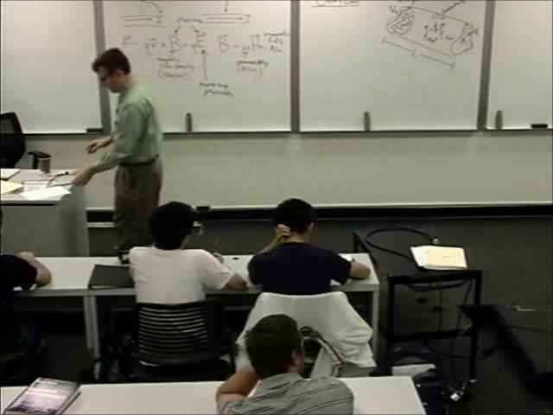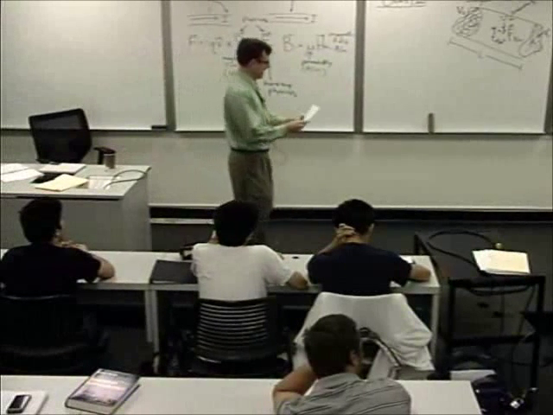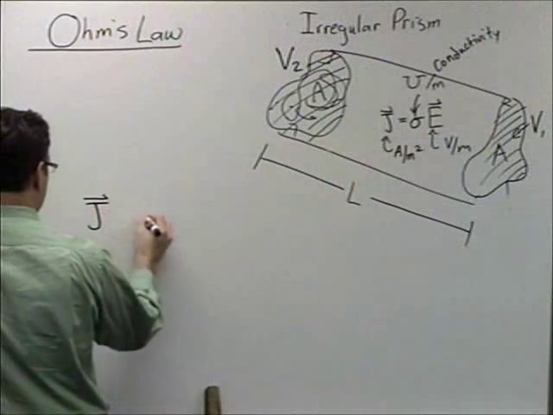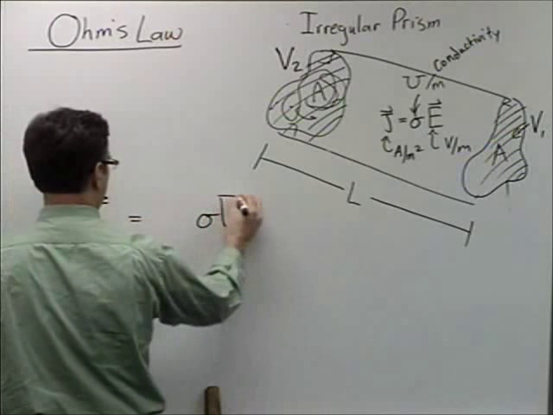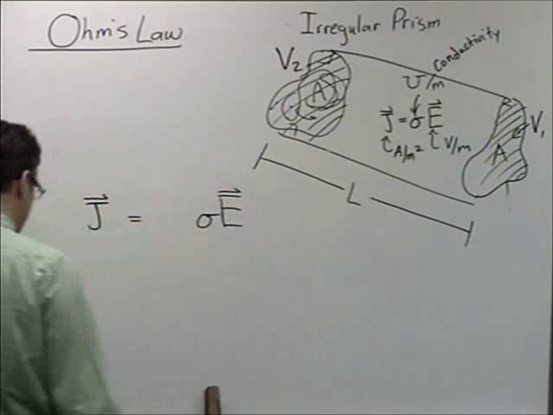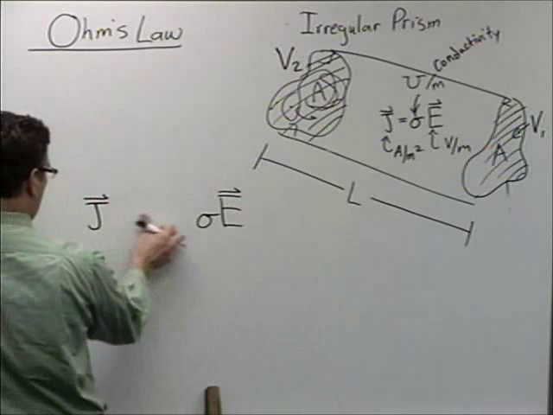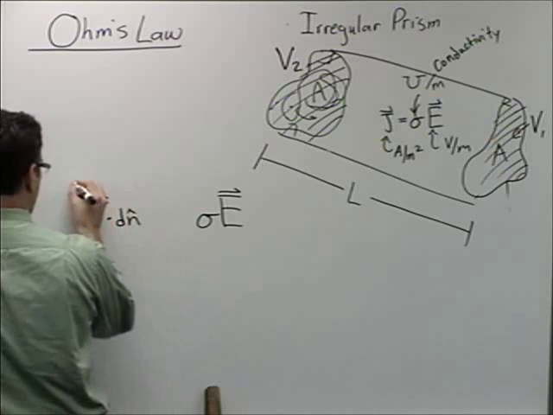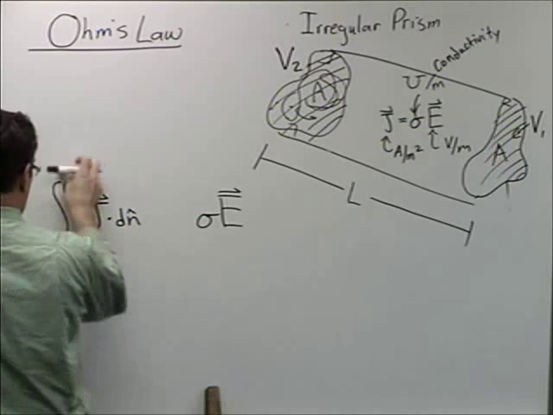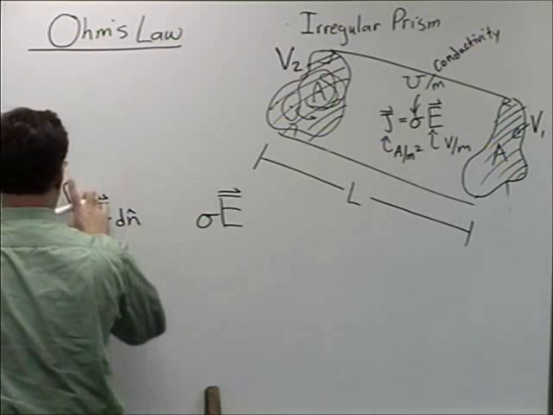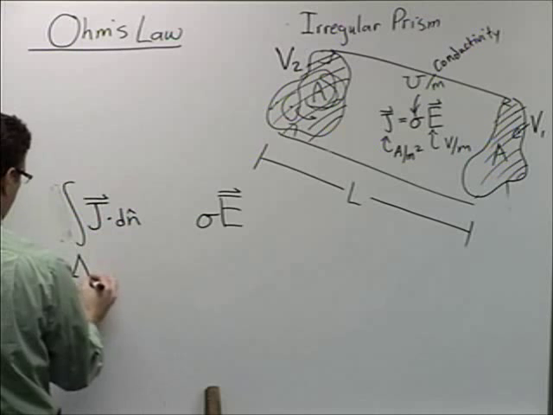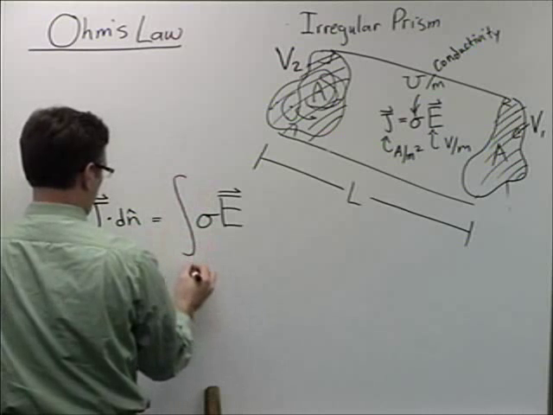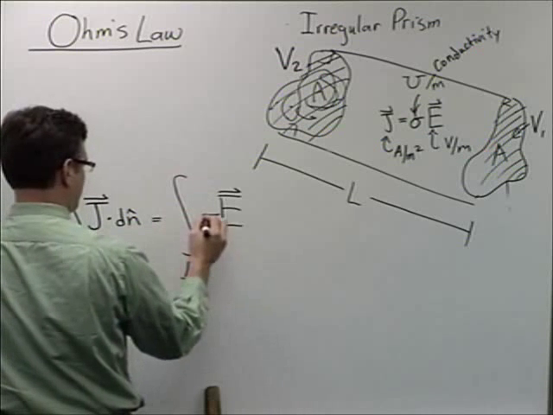So let's go ahead and do something here. We know that J is equal to sigma times E. And I'm going to make a little flux integral on both sides. I'm going to integrate across area A. Whatever I do to the left-hand side of the equation, I had better do to the right-hand side.